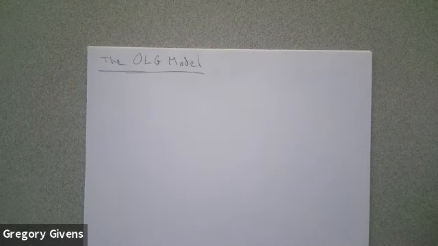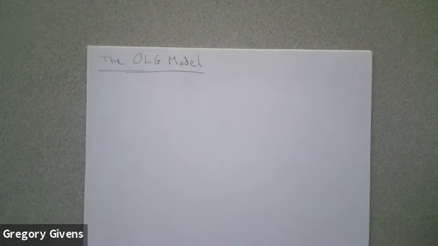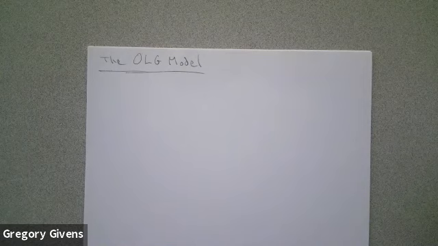Those allocations may not even be Pareto optimal, right? This idea where you can move allocations around in a way that makes at least one agent better off without making anyone else worse off.